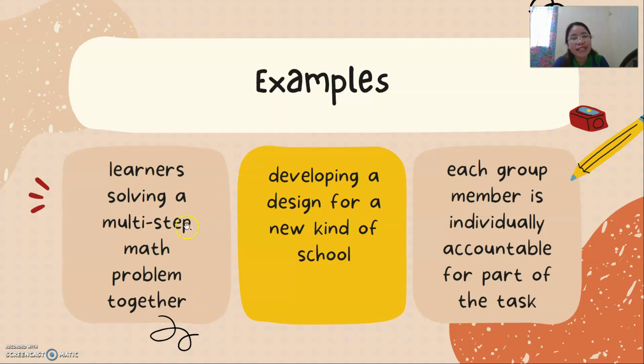So in our case, since 5 students are the minimum number of members in one group, so 5 brains is better than one. So those 5 learners could actually work together as a team to solve a multi-step math problem.